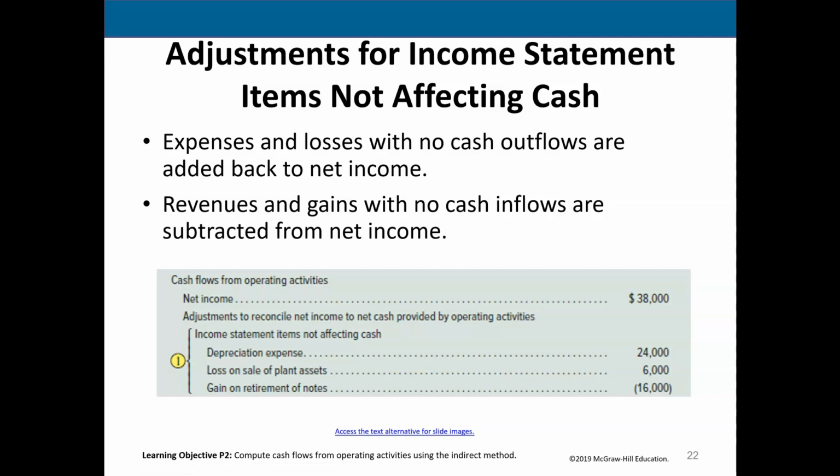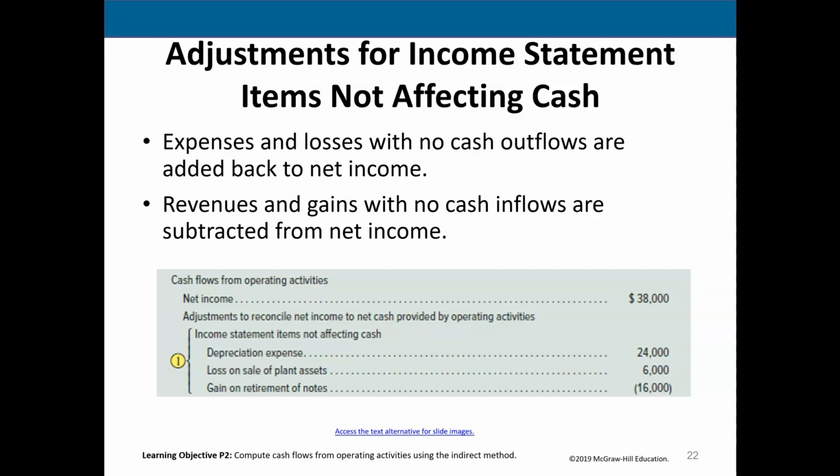Now we're going to look at a couple of the activities that happened that were non-cash. One, again, is the depreciation expense that I already talked about. It decreases net income, but yet it's not a monetary actual cash value, so we add it back in. Loss on sale of plant assets as well as gain on retirement of notes. Both of those are book gains and losses only, not cash.